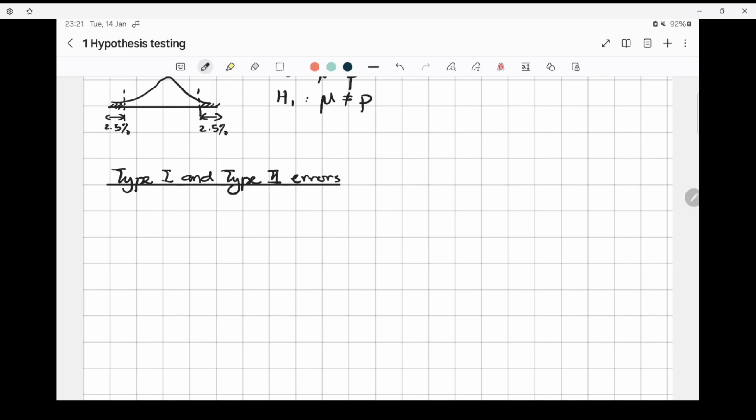So if you look at the table, for example, the null hypothesis is true versus the null hypothesis is false. So really you have 4 different scenarios.